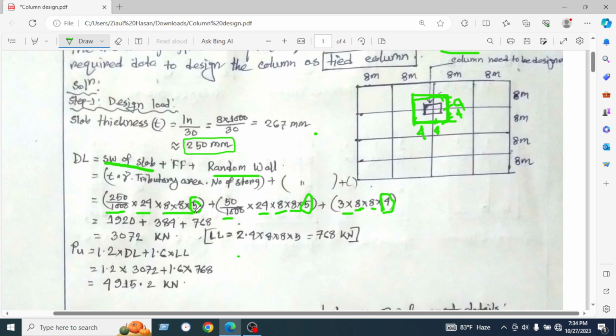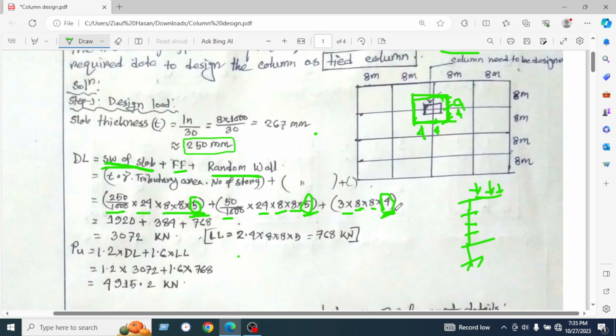Note that we have used 5 for the self weight of slab, and in the same way 5 for the floor finishing of the slab, but for the partition wall we will use 4, because when we construct the 5 story building, for all the internal stories we can use the slab and floor finishing, but on the other hand, for the partition wall, at the top of the slab, at the roof, there will be no partition wall.